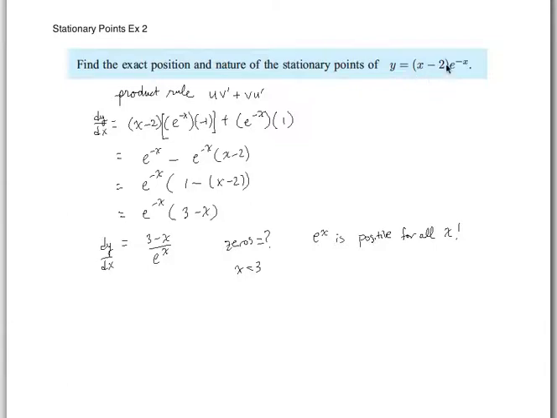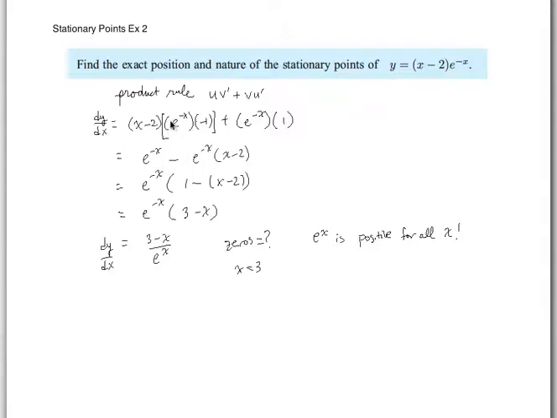If this was u and this was v, we do x minus 2 times the derivative of e to the negative x, which is e to the minus x times negative 1 because of the chain rule, plus e to the minus x times the derivative of the first function, which was x minus 2 and is now 1. Okay, we simplify that.